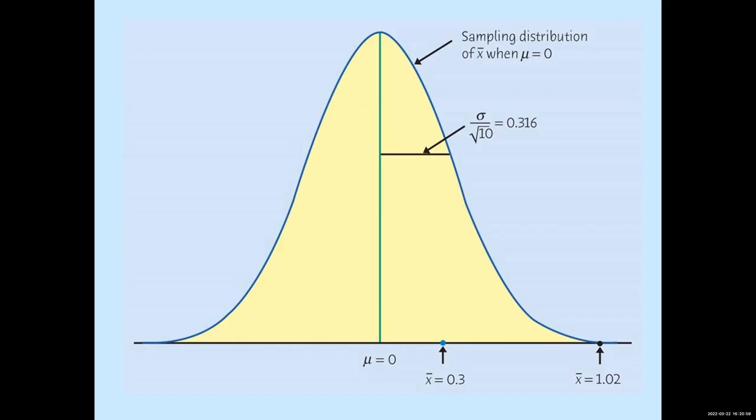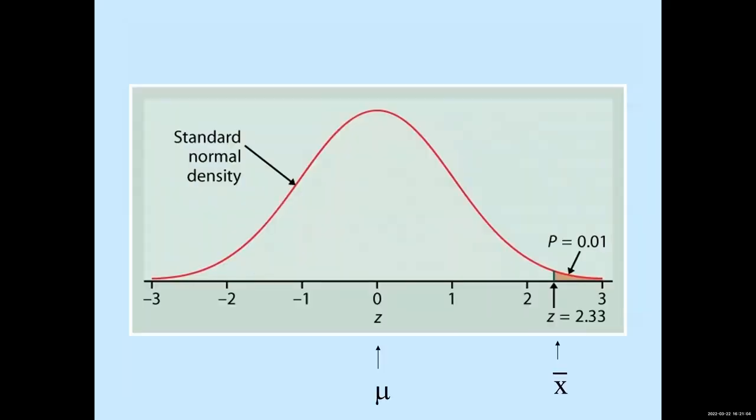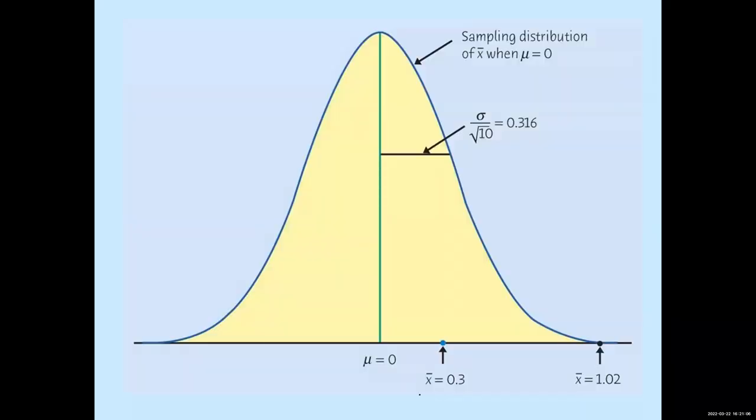So we want to look at these probabilities for two different examples of what we could get as a value for our x bar. Suppose we got an x bar that equals 0.3. We're going to ask, assuming the null hypothesis is true, assuming the true mean is really 0, what's the probability that I get an x bar this far away from my hypothesized value?